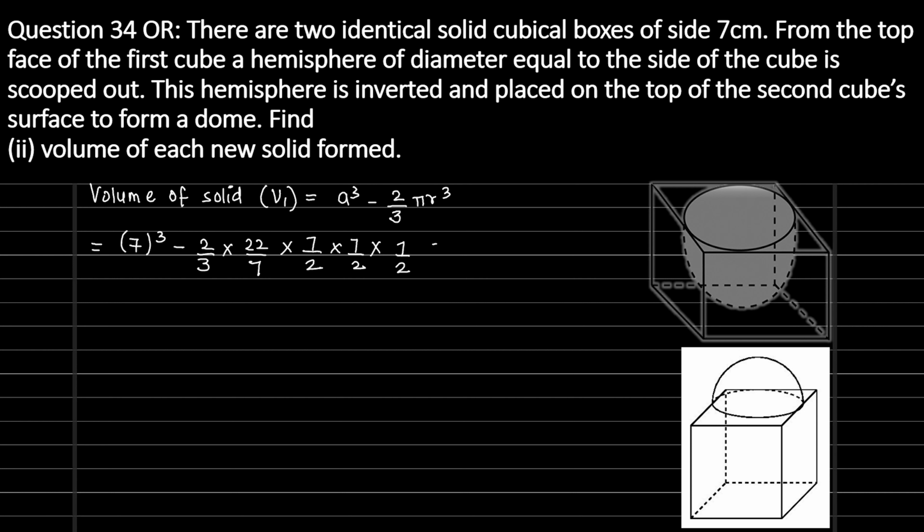So 7 cube, that is 343, minus, simplifying this entire value, 11 into 49 divided by 6. So 11 into 49 would be 539, divided by 6, and this is 343 minus 539 divided by 6.